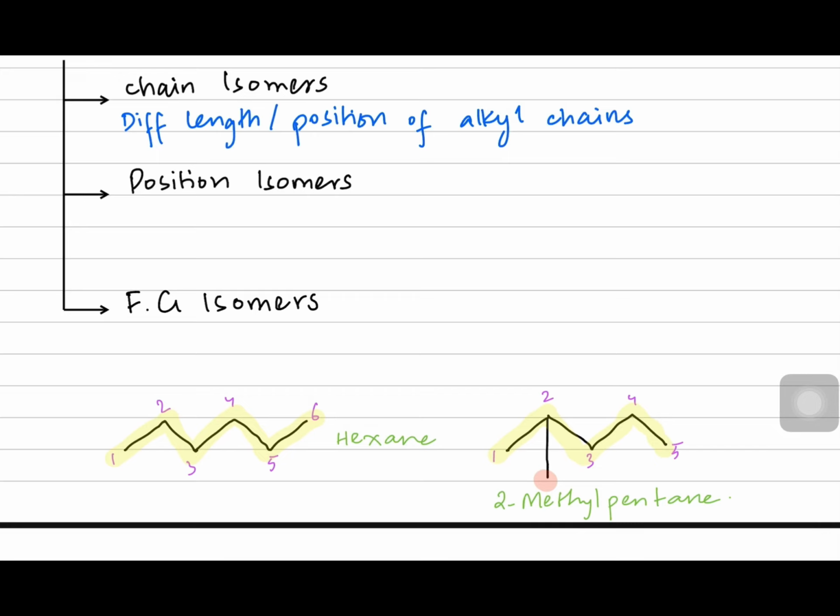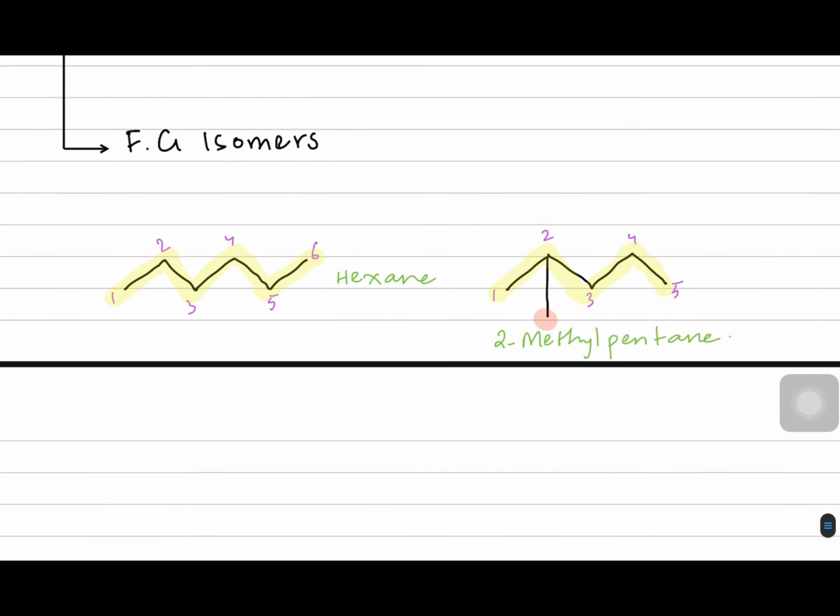So do we have any other possibility? Yes, we do. We can again have a 5 carbon main chain, as in carbon 1, 2, 3, 4, 5. And this time you can have the branch on carbon 3. The branch is still a methyl branch because it's a 1 carbon branch, but your position of branch is different and still it's a chain isomer.